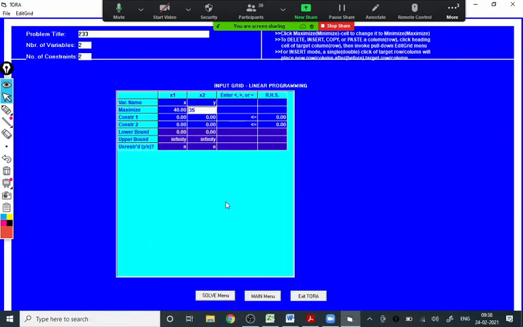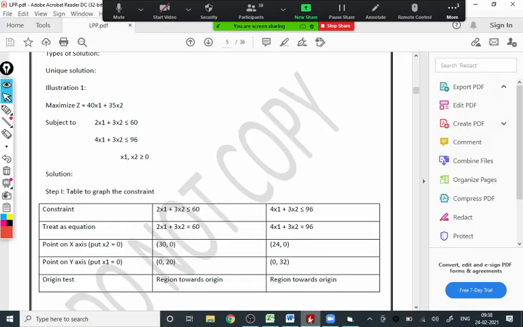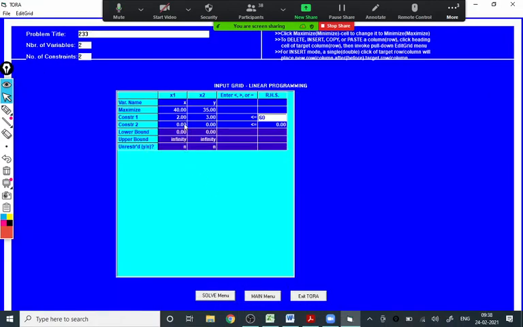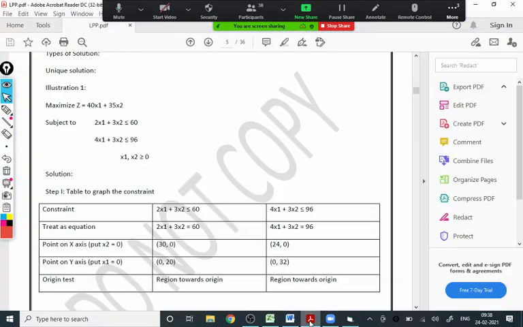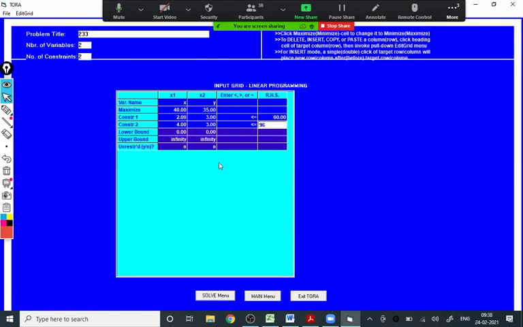The first constraint has 2x1 plus 3x2 less than or equal to 60. And the second is 4x1 plus 3x2 less than or equal to 96. Let me check, is it correct? Yes. Okay, so that is our LPP.